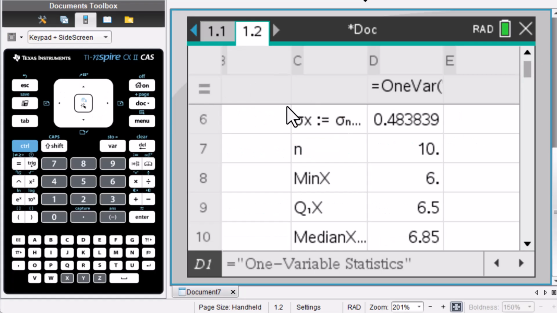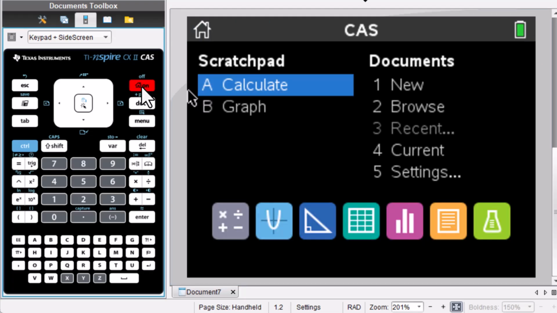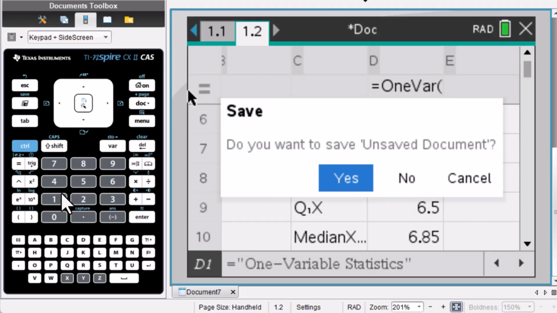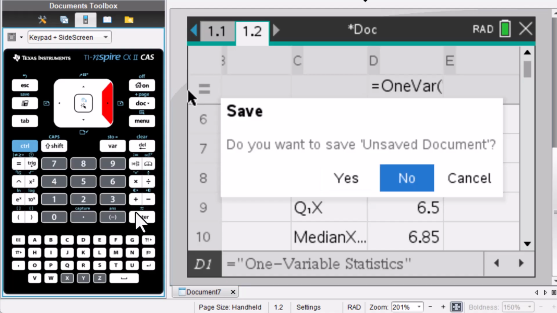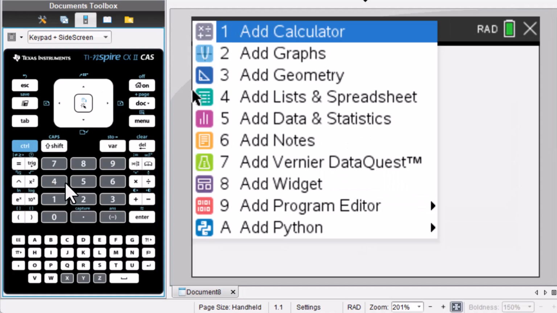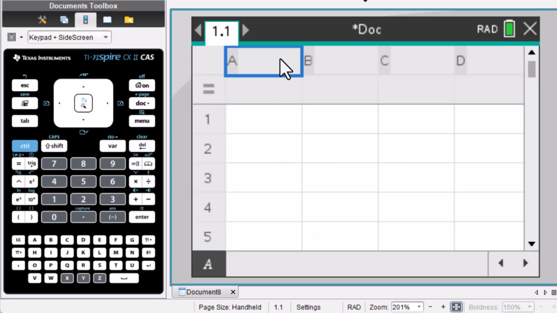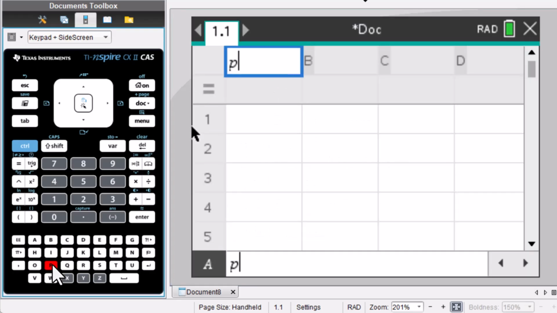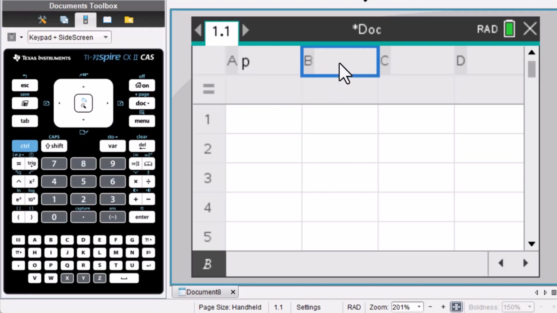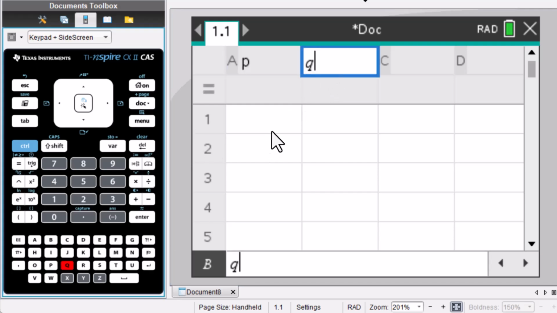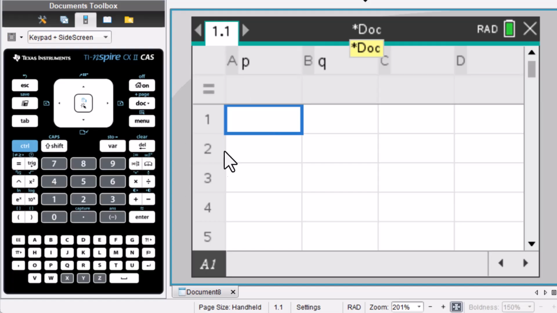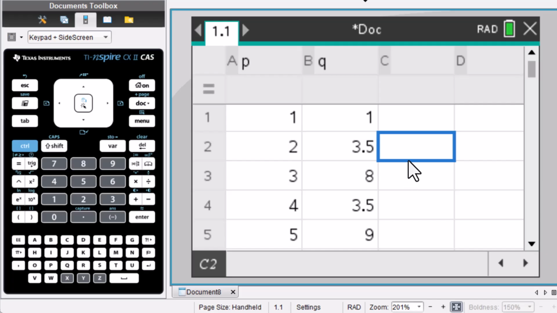Go back to this calculator. Clear the memory on 1. No. Then go to 4, spreadsheet. Label the column as P and Q. Put in data for ranks. Then put your cursor on an empty cell.